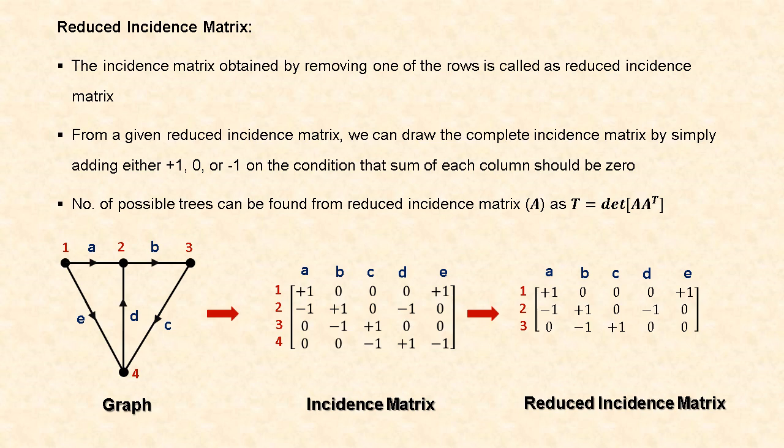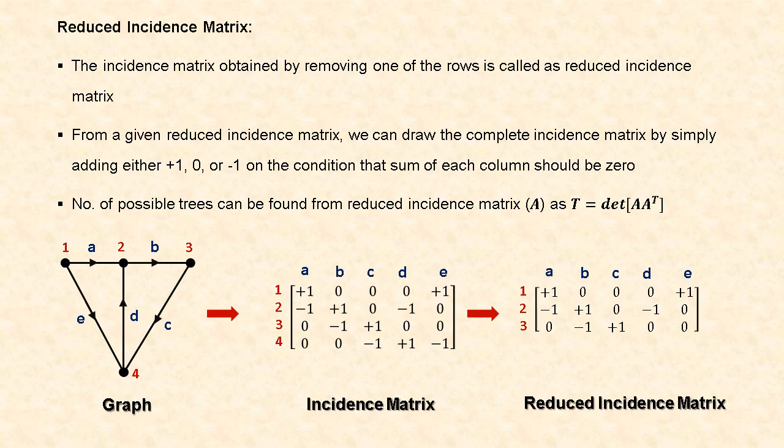The number of possible trees in the graph can be found from the reduced incidence matrix by using the formula T is equal to determinant of A into A transpose. Here A is the reduced incidence matrix. If you see the first figure, it is an oriented graph and it has 4 nodes and 5 branches.